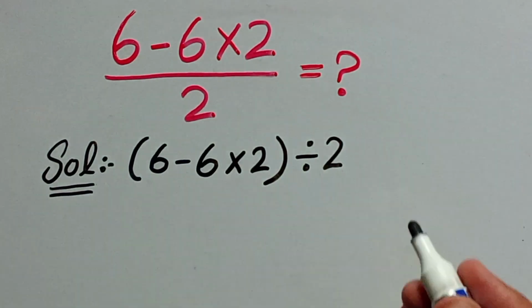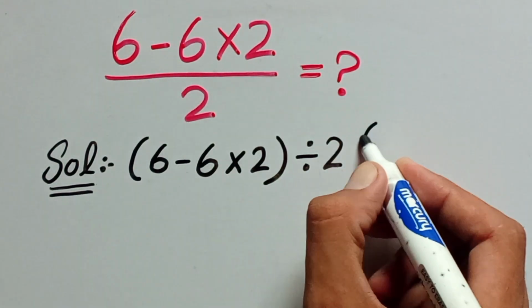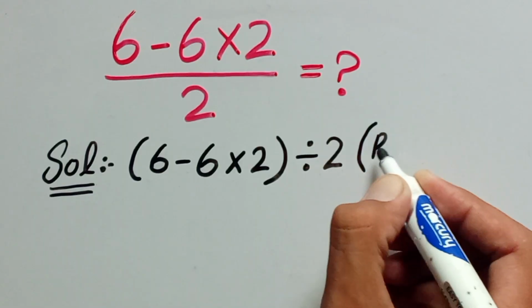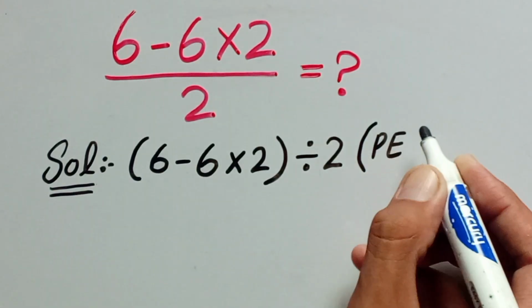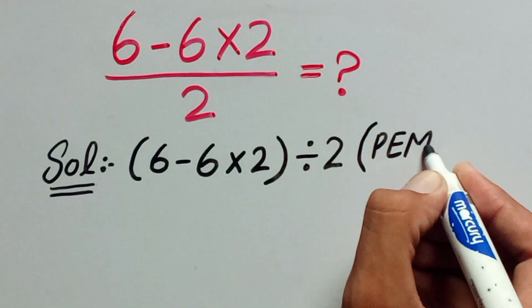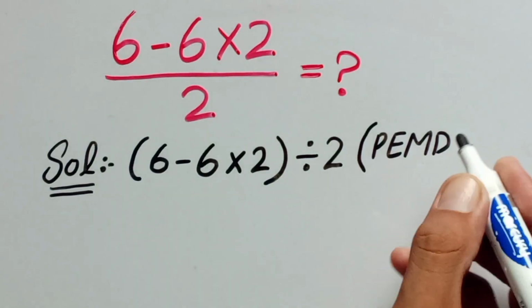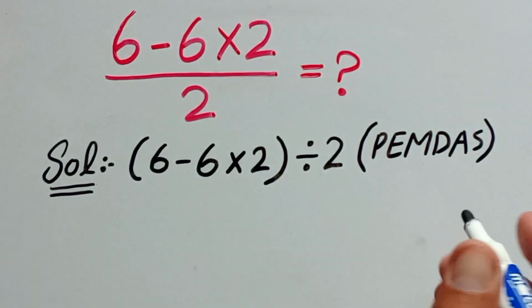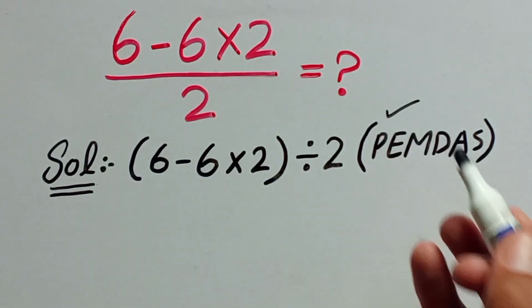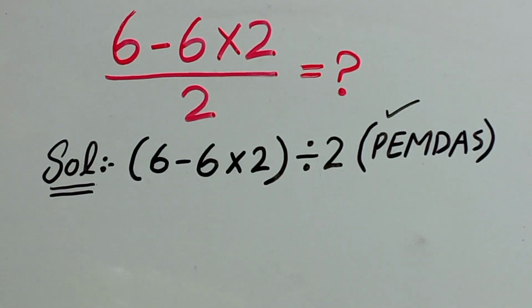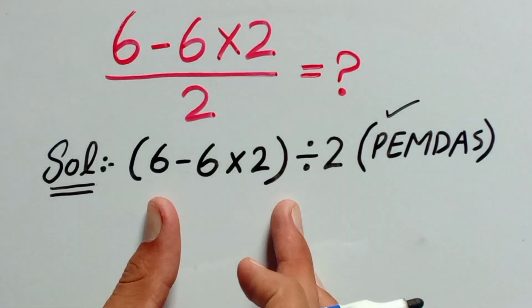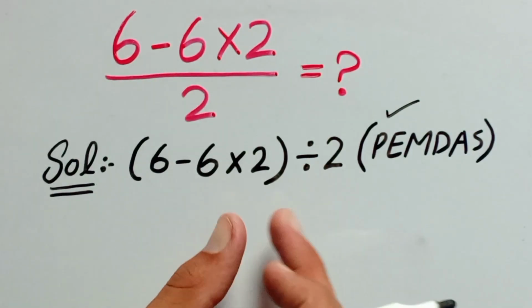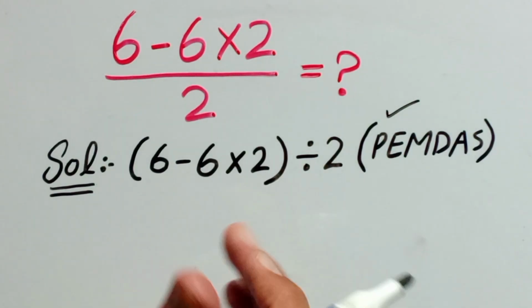Now here, according to the PEMDAS rule, where P stands for parentheses, E stands for exponent, M and D stand for multiplication and division, A and S stand for addition and subtraction. In PEMDAS, parentheses have higher priority than other operations. So in this fraction question I will solve the parentheses first.